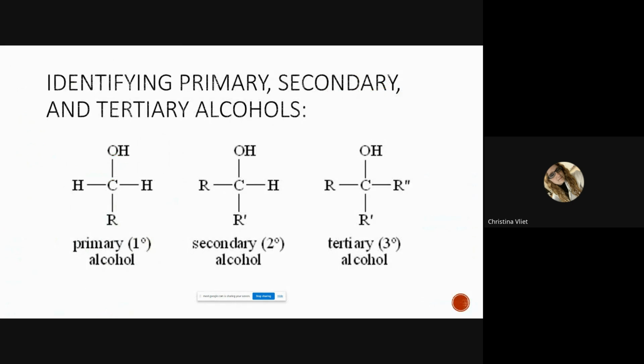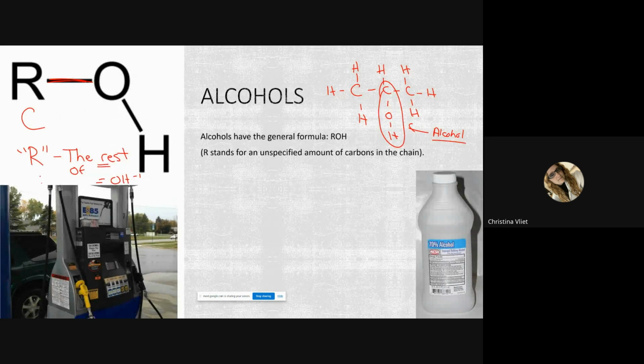That is not an alcohol. That's hydroxide, and that is a base. The difference is that with OH minus, it's an ion, something that has gained an electron, whereas here, everything is sharing electrons. So far, so good?